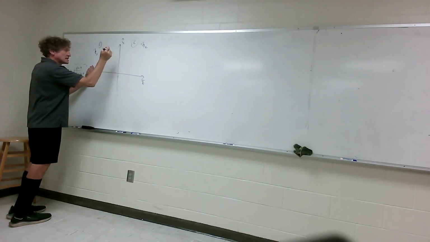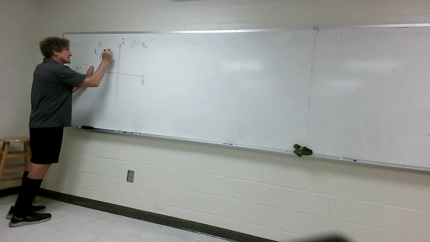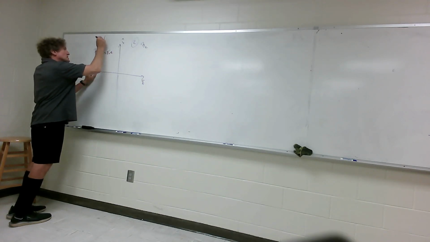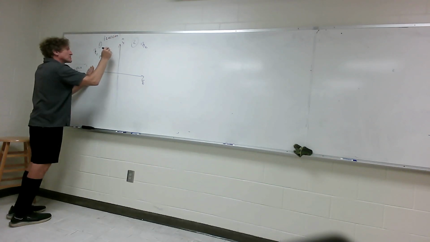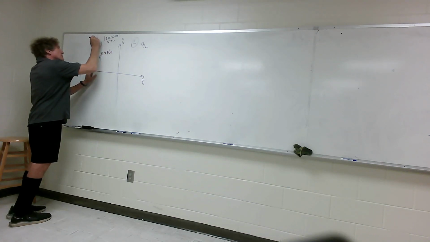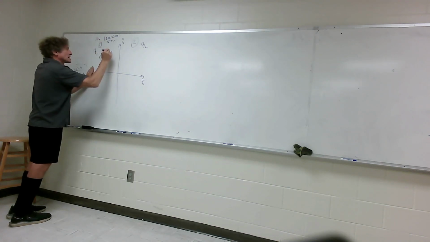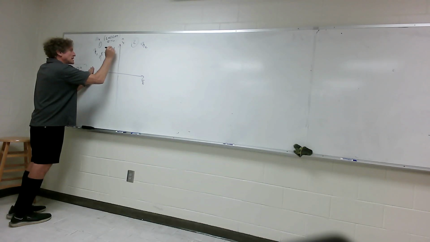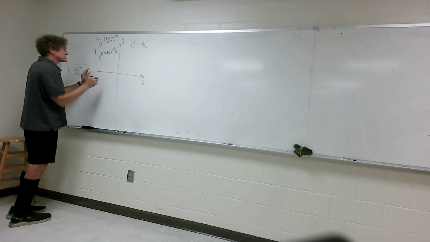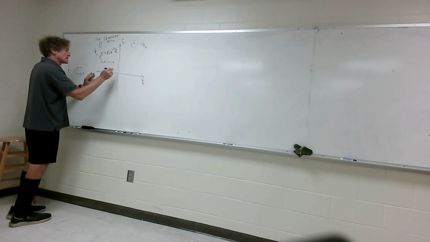Let me say region 1 is lossless to be consistent with the book, so sigma equals 0, and I'll call it air for now. So the incident field is E naught incident e to the minus j beta 1 z a_x, propagating this way.